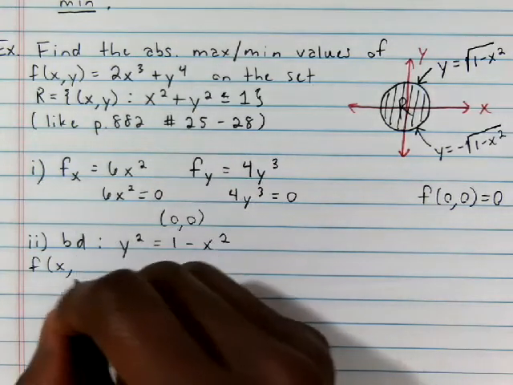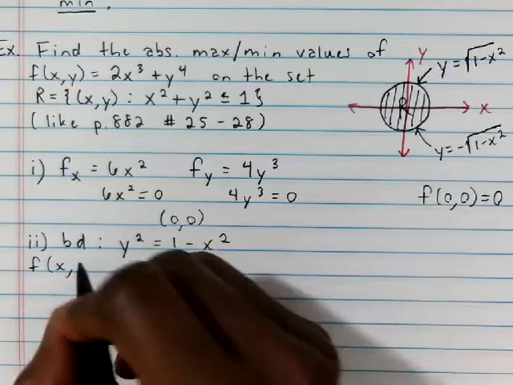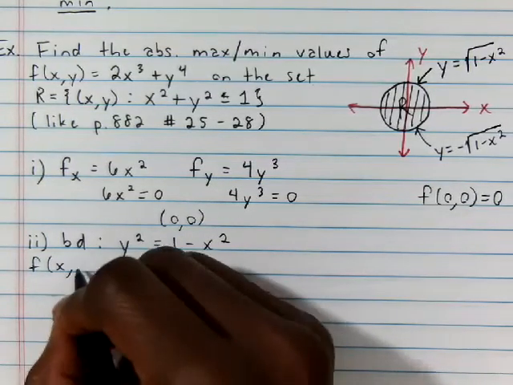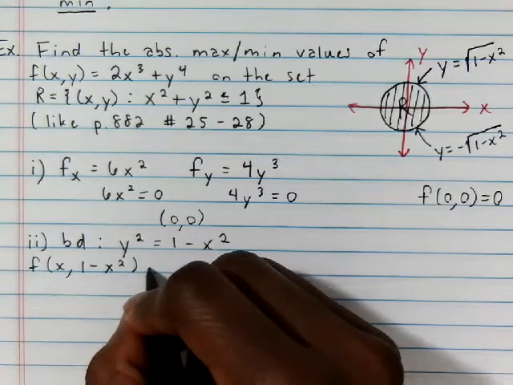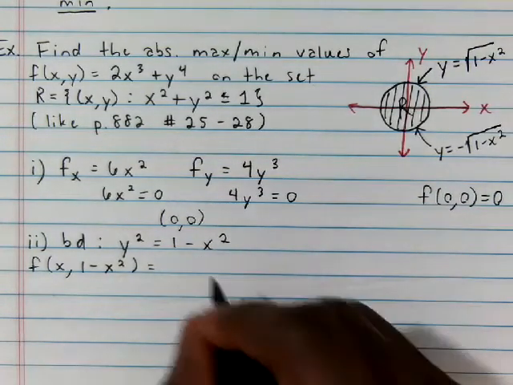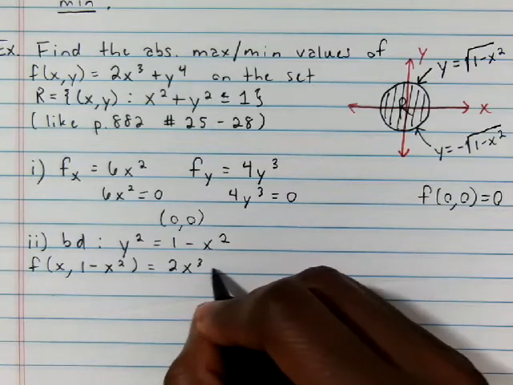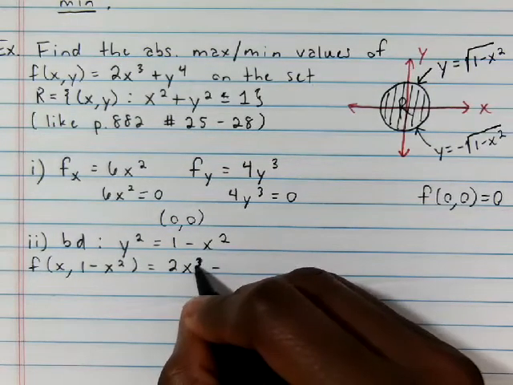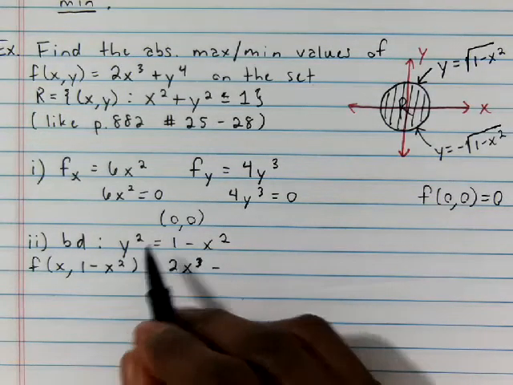So f of x comma 1 minus x squared equals 2x cubed minus, we're taking this and putting it in there.